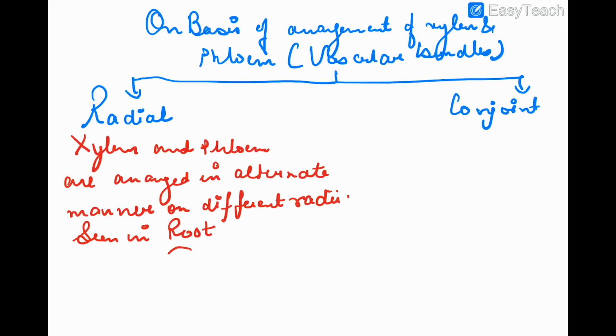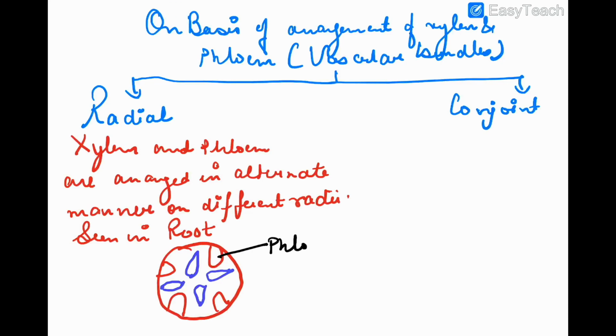If this is a cross section, then xylem and phloem would be arranged on different radii. This would be the phloem and this would be the xylem. You can see the xylem and phloem are arranged in different radii.